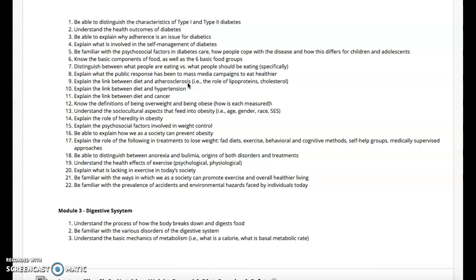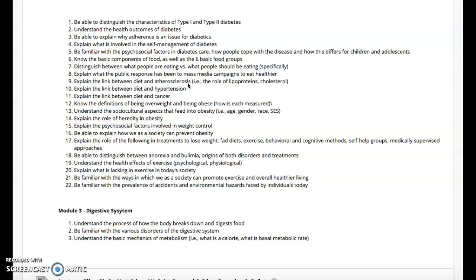So one thing we've been talking about all semester is that the role of a health psychologist is often kind of tangled up into public policy and health promotion and disease prevention. And so often some of the major campaigns that you see launched for people to eat healthier or stop smoking or exercise more come from a venue of health psychology.